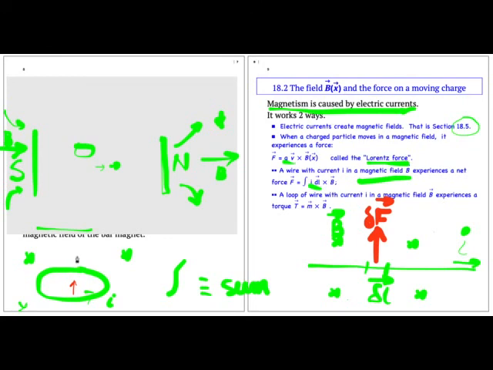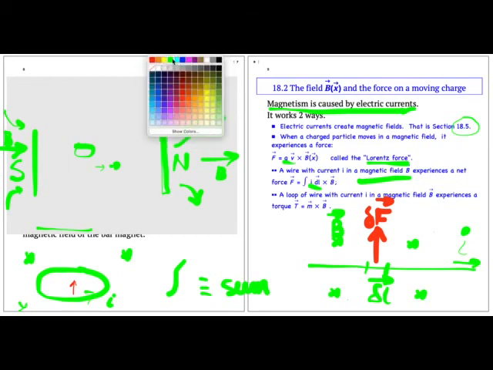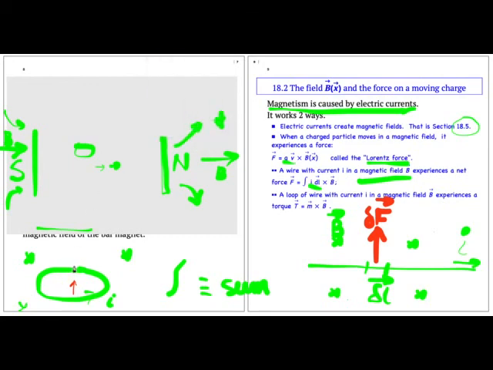Now on the back side, the current is this way because it's a loop. So it's counterclockwise. It's going to the right over here, to the left over here.